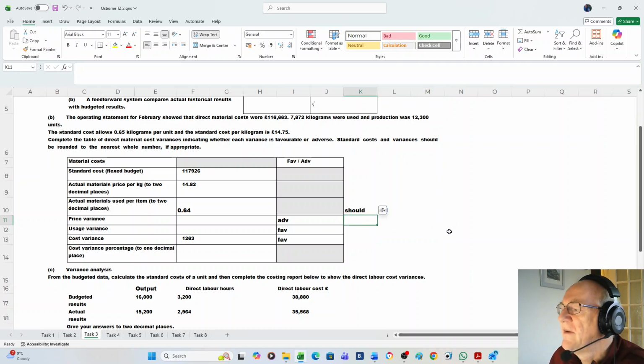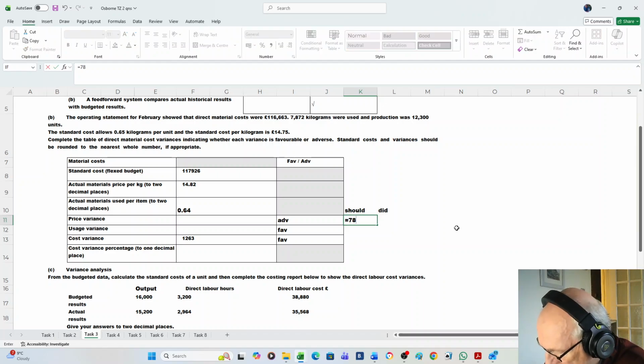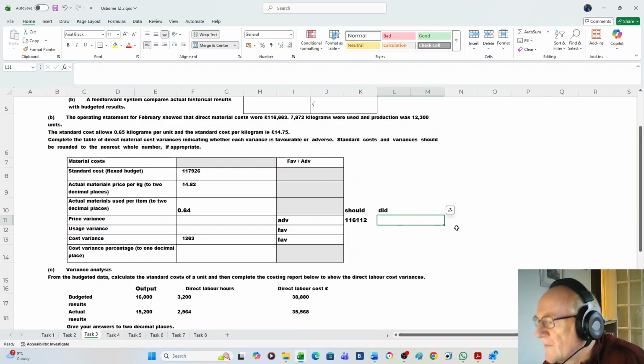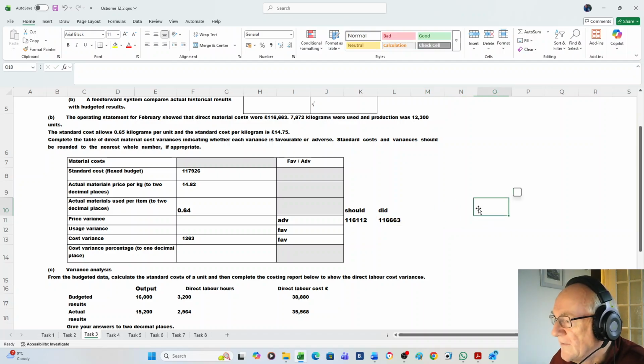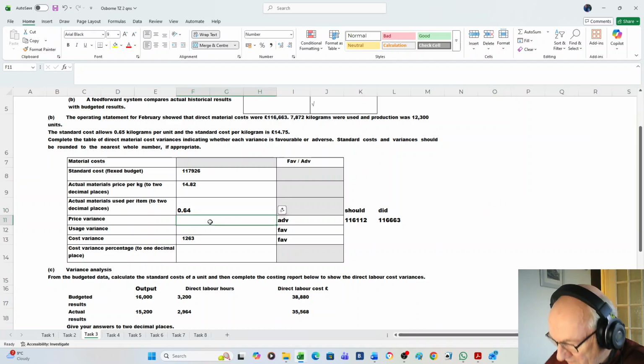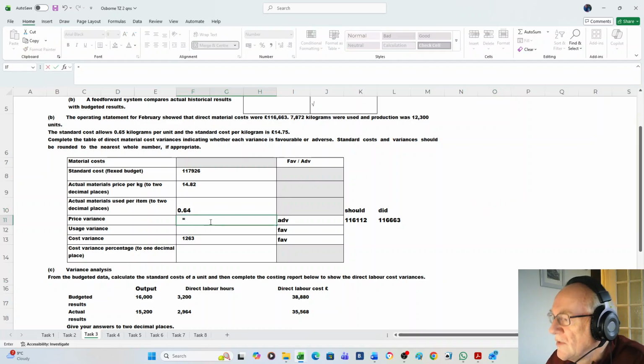So price variance first. So they've bought 7872, so 7872 should cost £14.75 each. Should be 116,112. However, we know that it cost 116,663. So our price variance is the difference in the two.